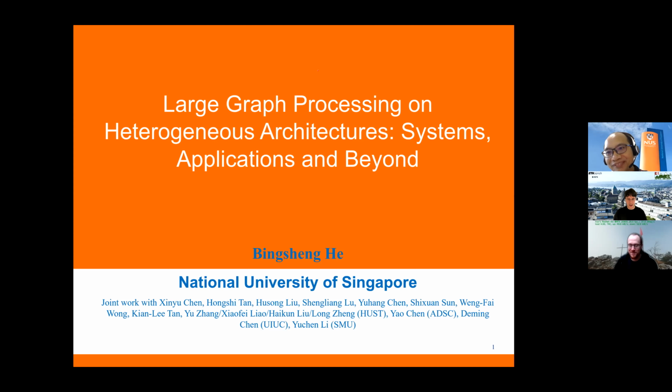So Bingsheng is a professor at the National University of Singapore, where he's also the Vice Dean of Research in the School of Computing. Before that, he was at Nanyang Technical University and MSR Asia. His work is broadly in the area of accelerating graph computations and other such computations, especially on GPUs, where he's done work for over a decade now, including one of the first systems for running MapReduce on GPUs.